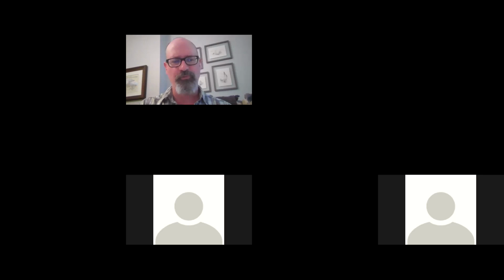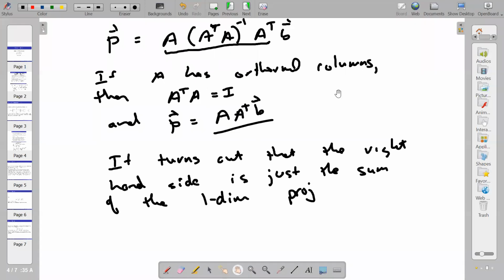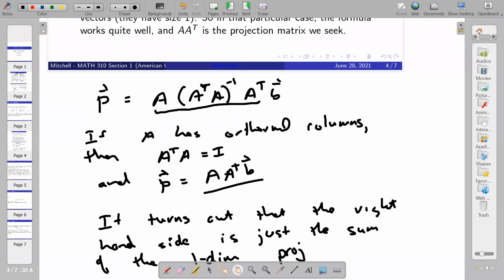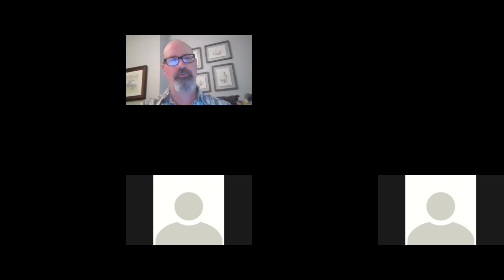In the more general situation where you don't have an orthonormal basis, what makes your intuition wrong is the presence of a non-identity matrix right here. The fact that A transpose A is not necessarily the identity matrix in the general case is what confounds the intuition.